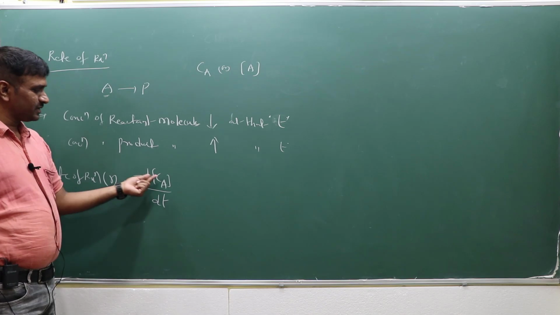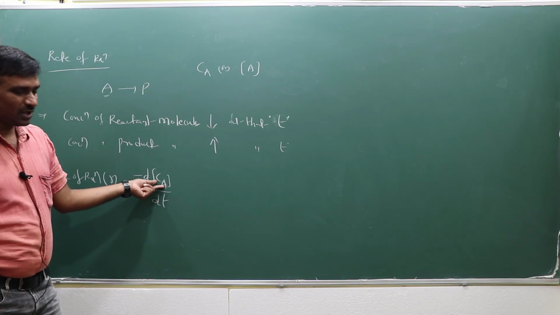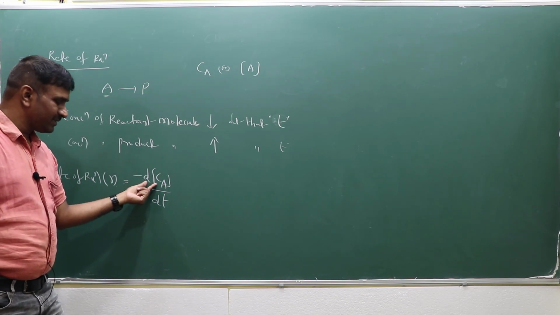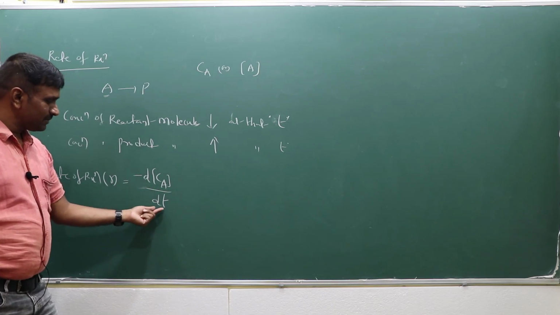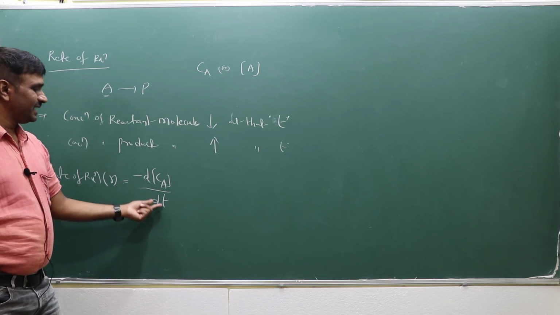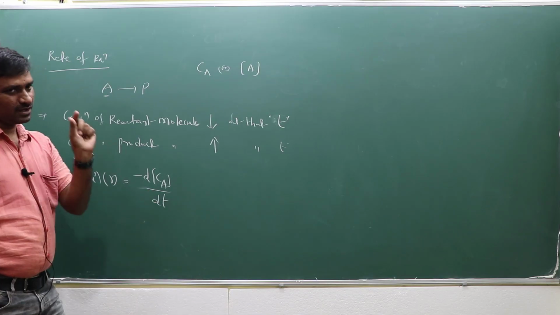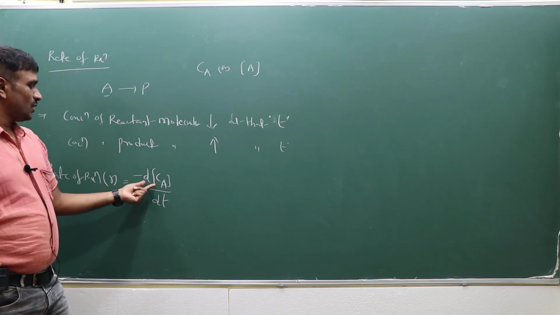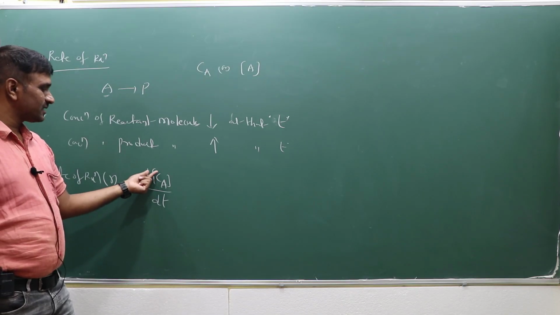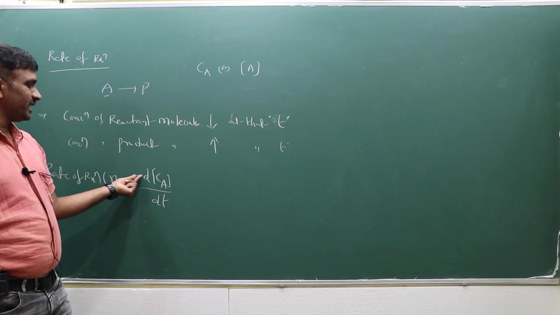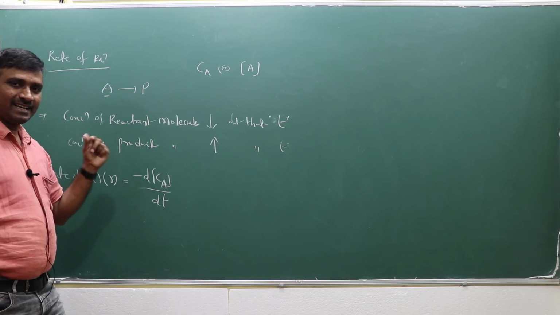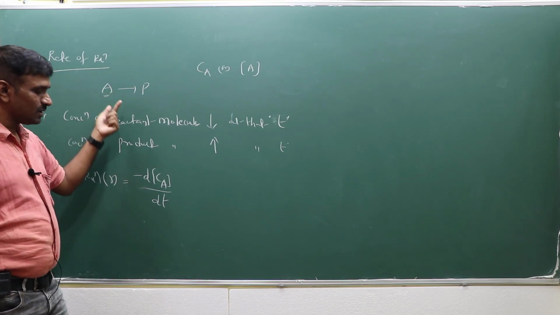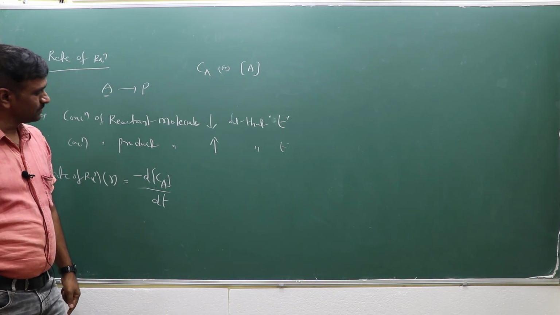That means d Ca is an infinitely small change in concentration in an infinitely small time dt. Since the reactant concentration decreases, a minus sign is used.